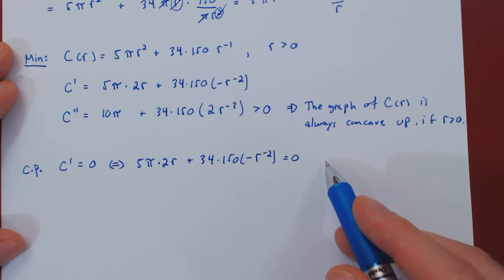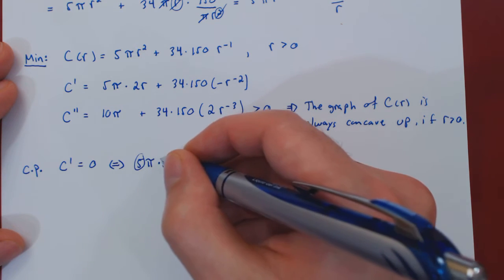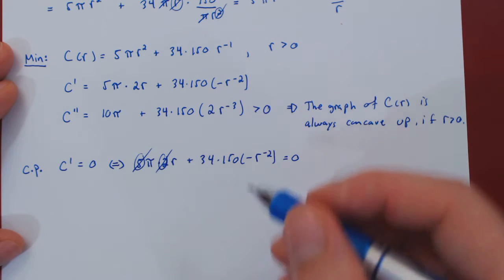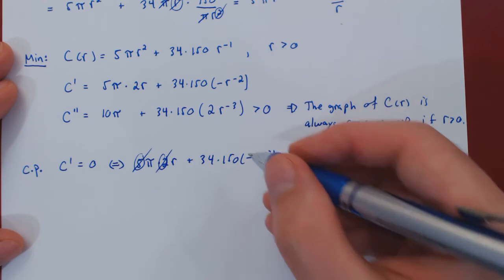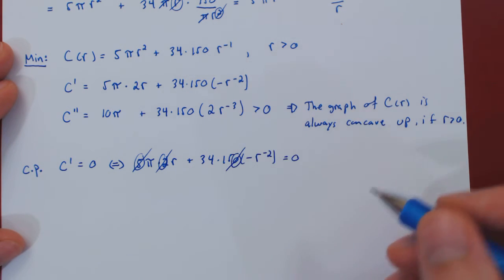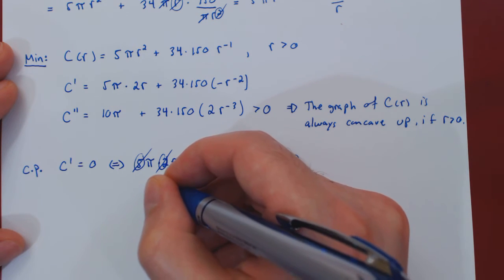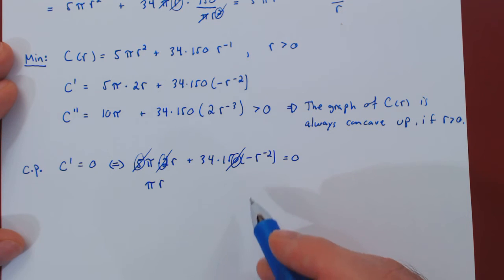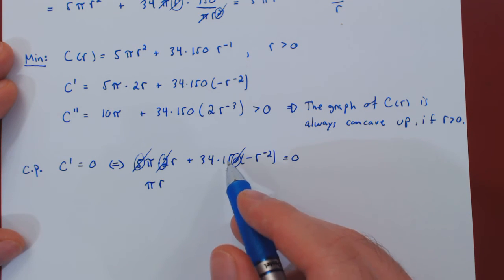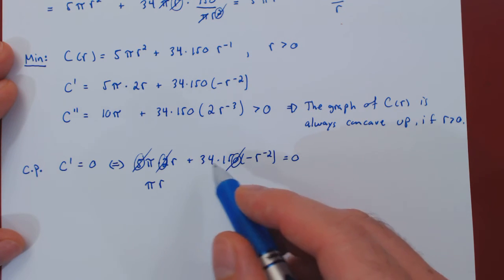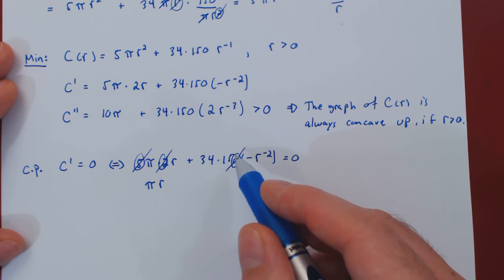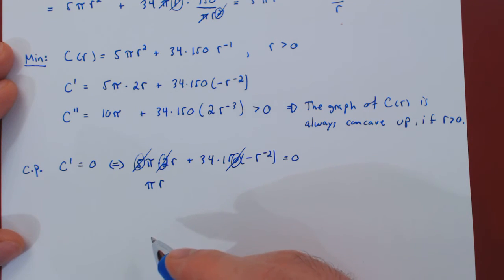So if you divide across by 10, 5 times 2 cancels, and 150 over 10 of course is 15. So we're left with something a little simpler. Pi r. Now 34 times 15, well, that's 340, plus half of that gives you 510.